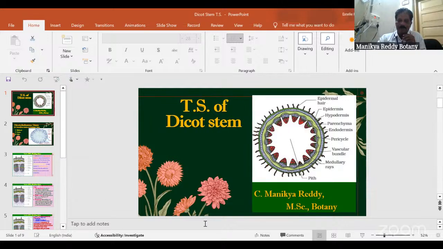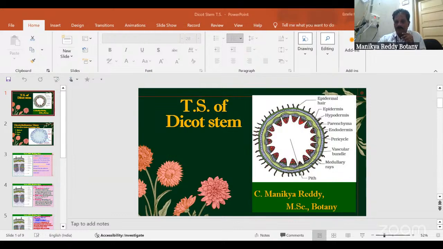And each vascular bundle, as I told you, is collateral and open type. Let me show you the detailed structure of a vascular bundle. Under the microscope, you can find such structure. If you enlarge the vascular bundle under the microscope, you can see this type of tissues.